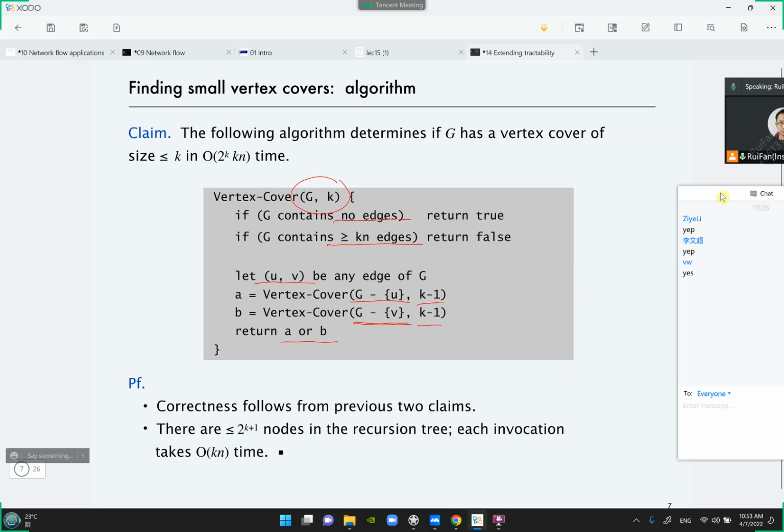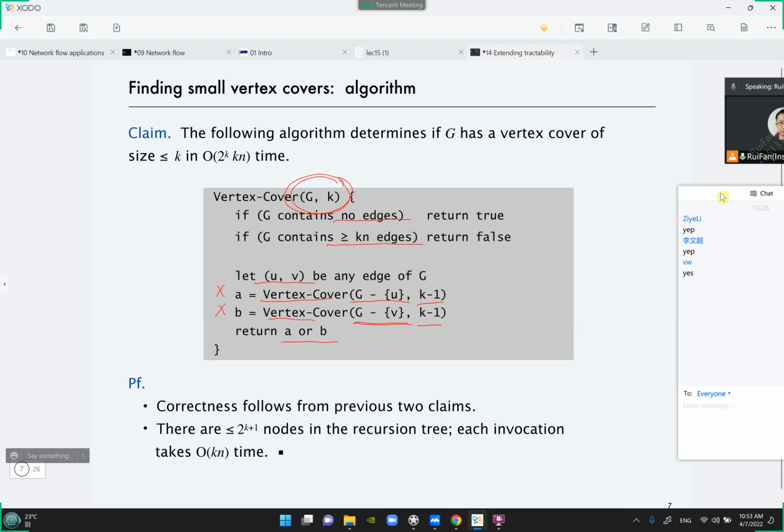If either of these is successful, then we know that we can cover the whole graph with k nodes. And if both of these fail, then we know that it's not possible to cover G using k nodes. So we're just going to call these two subroutines, recursively calling our function, and then take the OR of these two results.